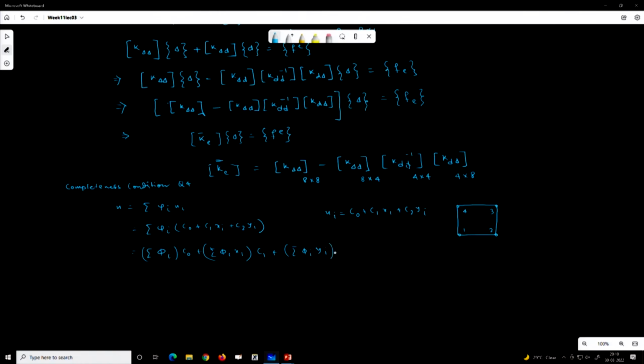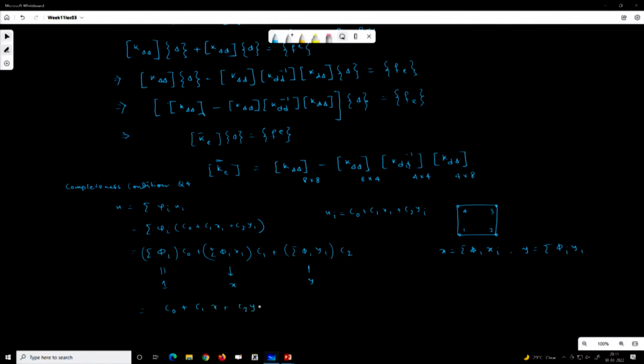We know the first summation is 1, and this is x essentially. For the isoparametric formulation, x is summation of phi I xi, and similarly y is summation of phi I yi. So it represents C0 plus C1x plus C2y.